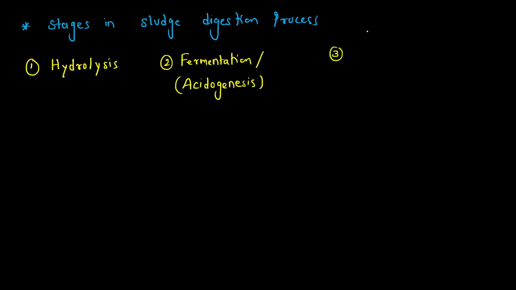And the final stage is methane formation, which is called methanogenesis. So these are the three stages. Very important. Directly this is asked, like which of the following is not a stage in the sludge digestion process? These three will be given and one more option will be given, so based on that you should be able to answer it. Which is the first stage? Hydrolysis. Then second, fermentation, that is acidogenesis, and the third one is methane formation, methanogenesis.